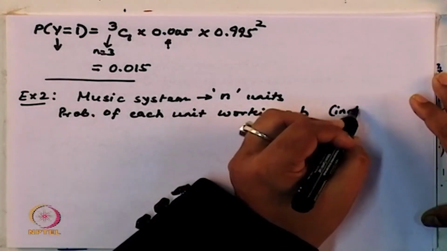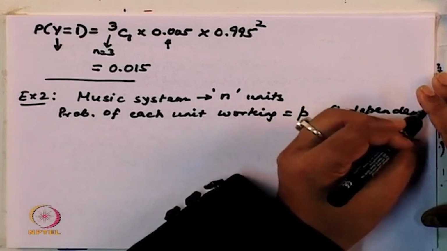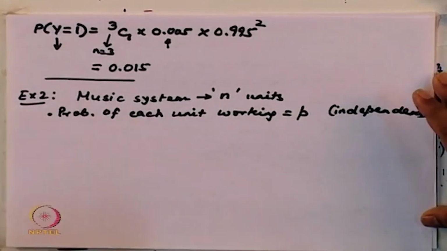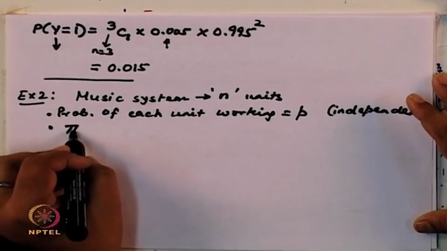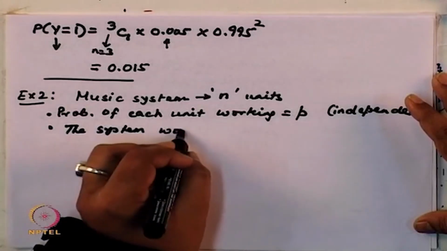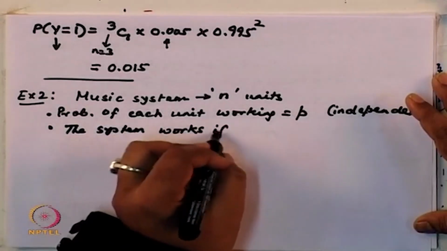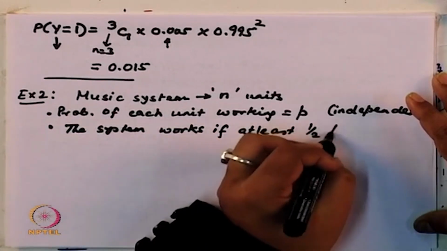So the probability of one unit working is independent of the probability of another unit working. Okay, so this is one. The other clause is that the system works if at least half the units work.